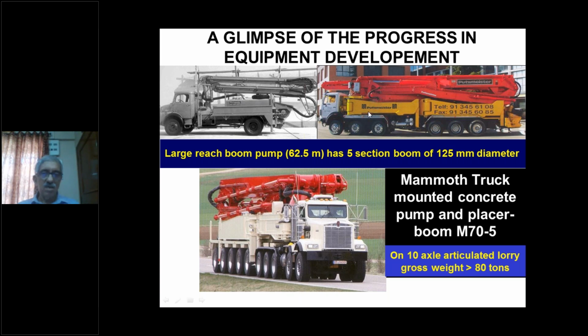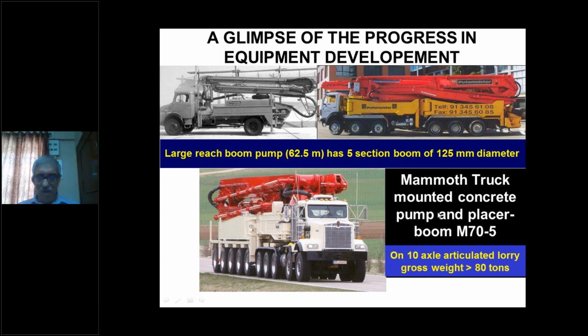But later on, many European companies came about with brands like Putzmeister, Schwing, Elba. They came about with steel bends. The largest boom for some time was 62.5 meters with a 125 mm dia pipe.